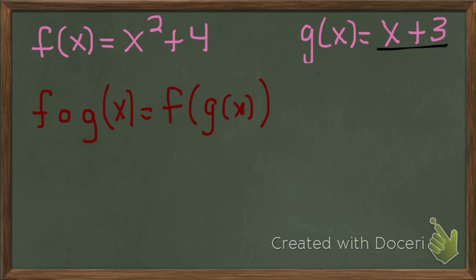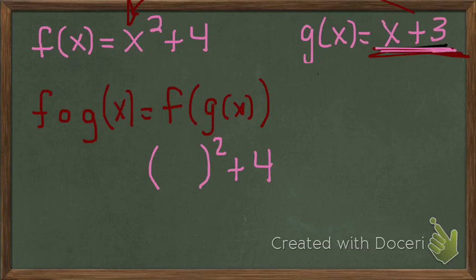We're going to put all of g of x into f of x. Here's what f of x looks like without the x in there. We're going to put all of this inside. And then of course we want to simplify that.